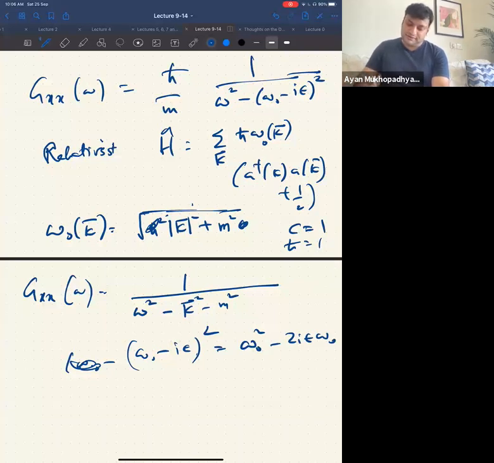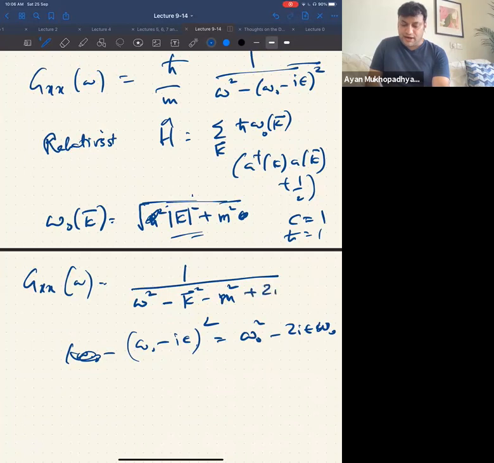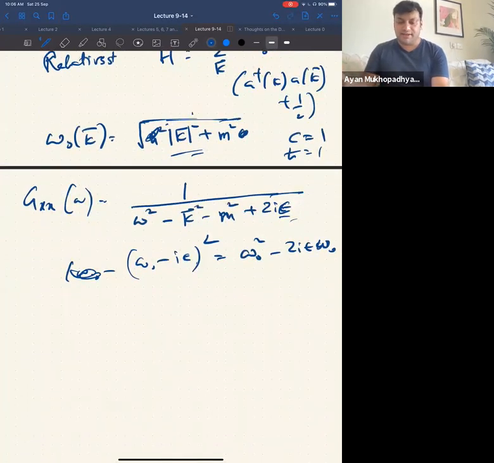So this term is nothing but plus 2iε times the square root of k² plus m². But that is positive, and all I need is a small ε term, because a small quantity multiplied by some finite number is also a small quantity. So what matters is simply 2iε.